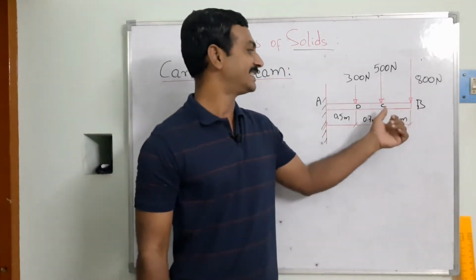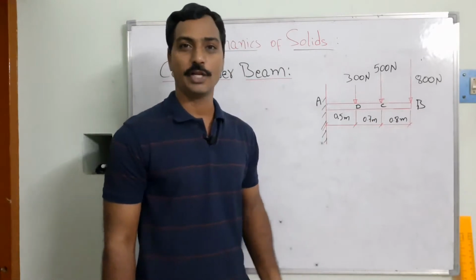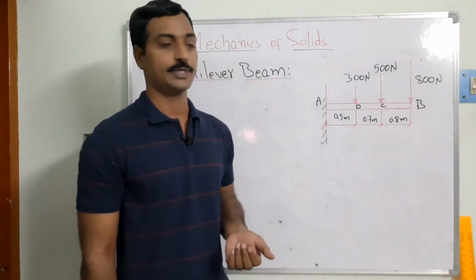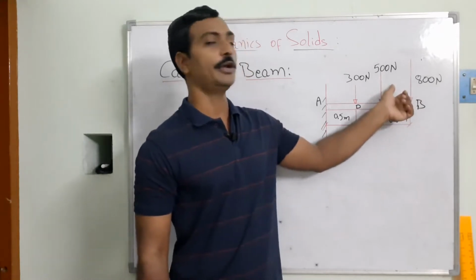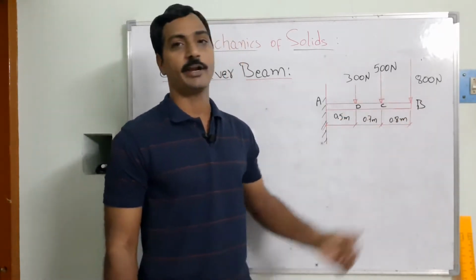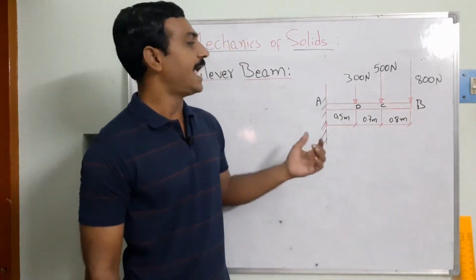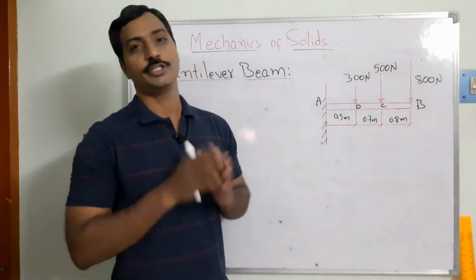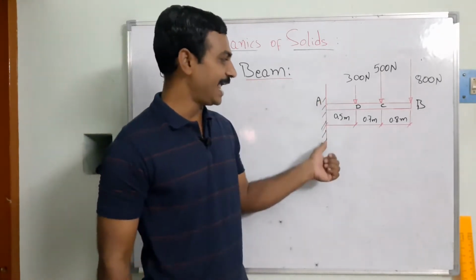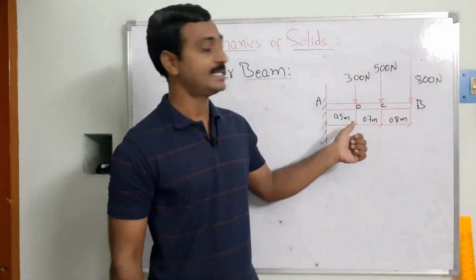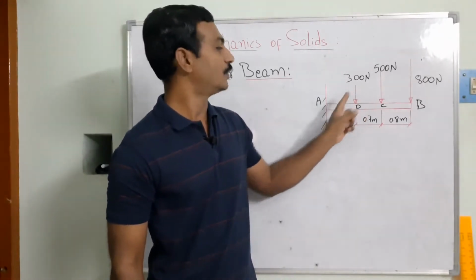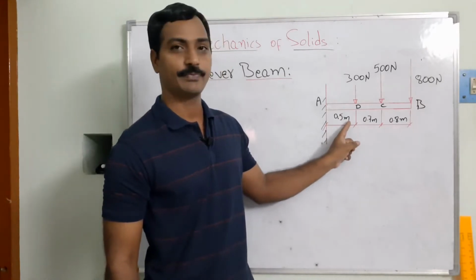At B, at C and at D I have given the notations in order to recognize the situation. At B is 800 newtons, at C is 500 newtons, at D is 300 newtons. Now they are located at different positions. From the end A, the point D is located at 0.5 meters. It means the 300 newtons is located at 0.5 meters, right?